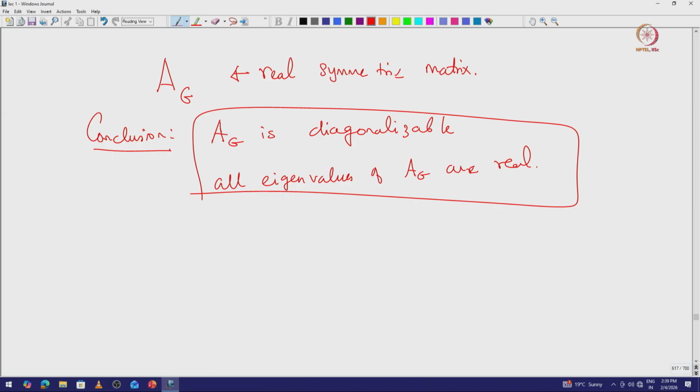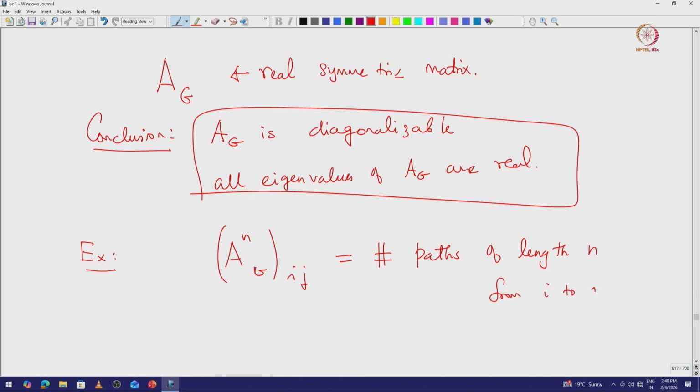Also, one can easily verify, maybe you can take this as an exercise, that if we take the nth power of the adjacency matrix A_G and look at its ij-th entry, then this exactly counts the number of paths of length n from i to j.